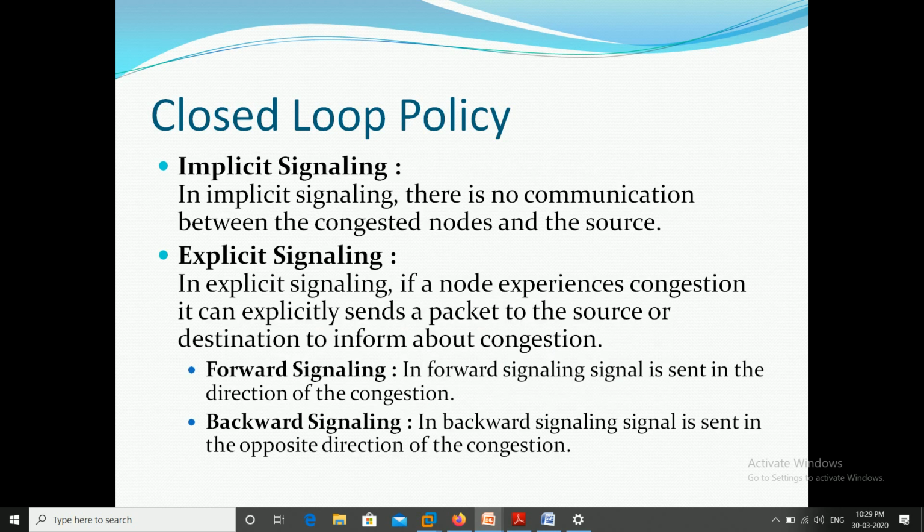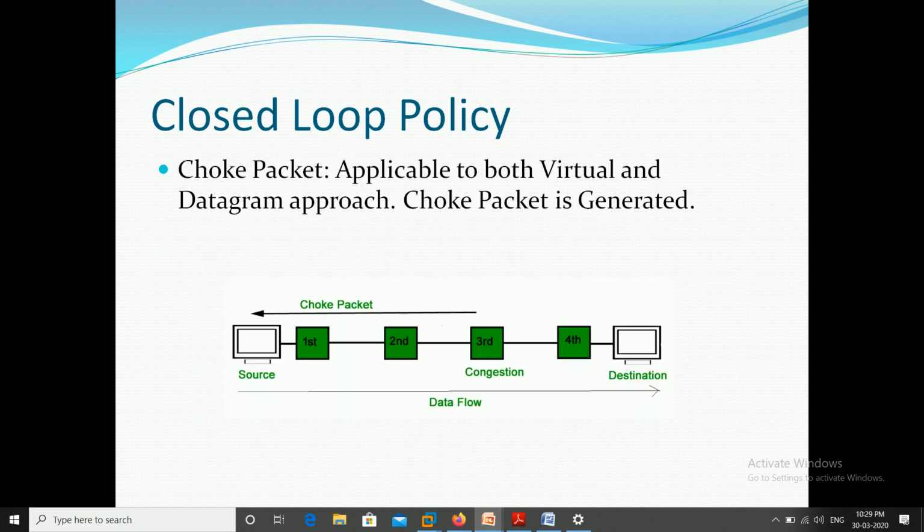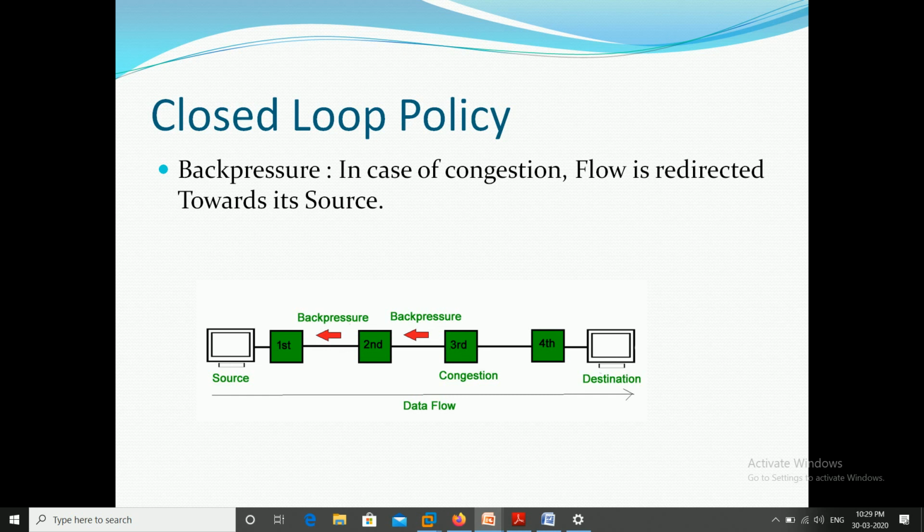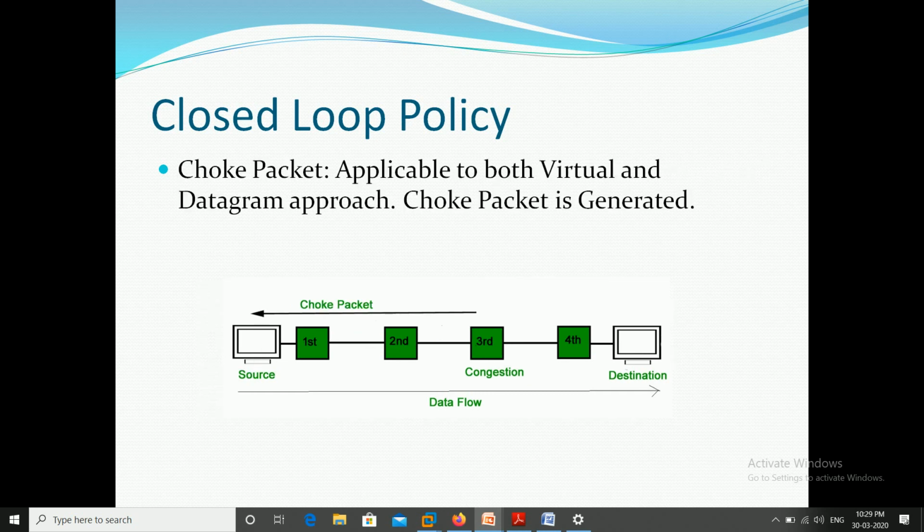Now in the closed loop policy, further we have the second, third and fourth, implicit signal and explicit signal. It is hard to believe that in case of implicit signal there is no communication between the node and the source. In case of back pressure, it will tell the source and all intermediate nodes. In case of choke packet, they will send the control packet to the source.